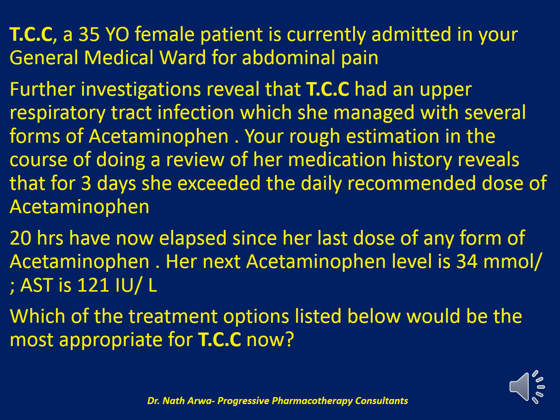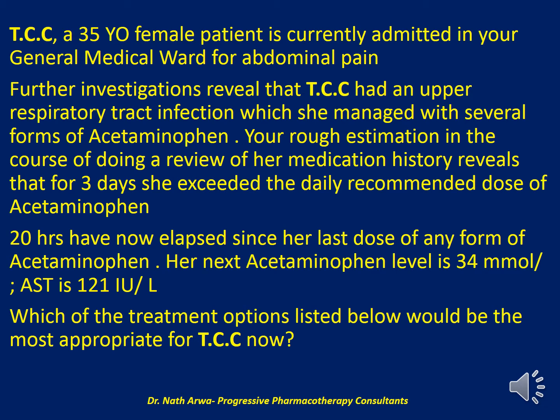And it reads, Mrs. TCC, a 35-year-old female, is currently admitted to your general medical ward for abdominal pain. Further investigations revealed that Mrs. TCC had an upper respiratory tract infection which she managed with several forms of acetaminophen.